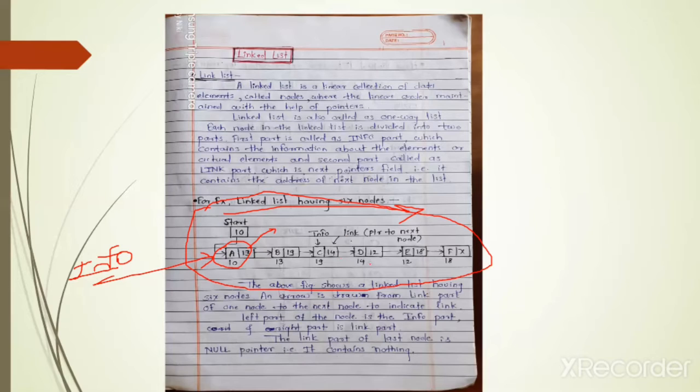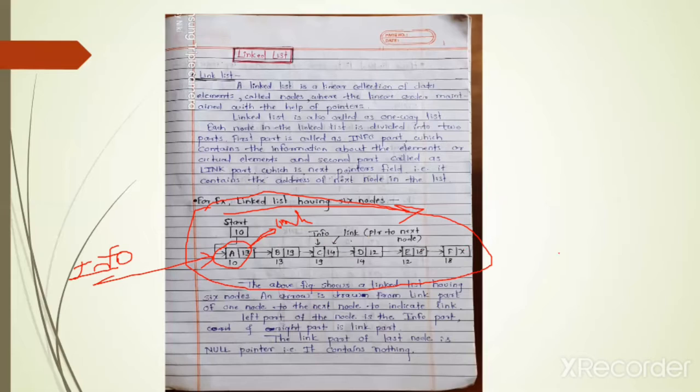The left part of a node is the info part, which contains information of the element, while the right part is the link, which is the next pointer field, that is it points to the next node. The arrow is drawn from the link of one node to the next node to indicate the link. The address of the list is stored in start or the name of the list.